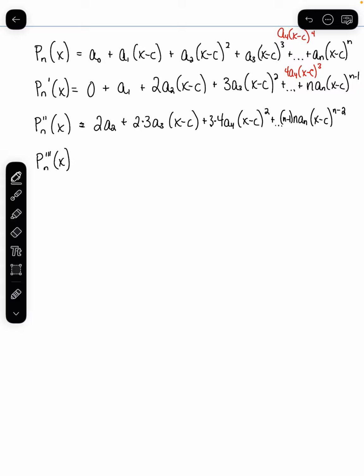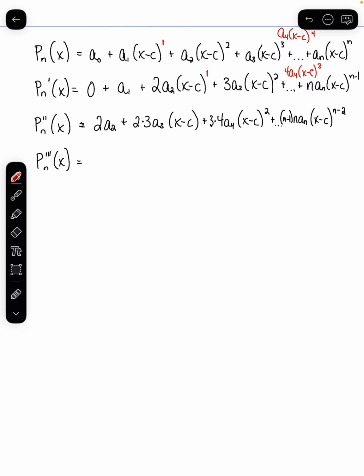If we take this one step further, which I think should be enough to see the pattern, we realize that 2a sub 2 is now a constant, so its derivative is 0. What we then have is the linear term, whose derivative is simply going to be its constant. Now, I'm going to add one other thing in here that we don't typically write, but I think would be helpful to see here.